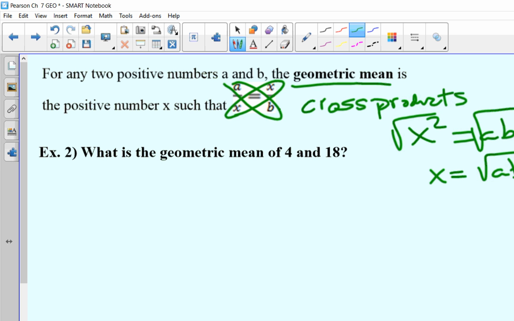So if you really understood what I did here, you want to multiply the two numbers. You're always going to get two numbers. Multiply the two numbers and take the square root of the answer.